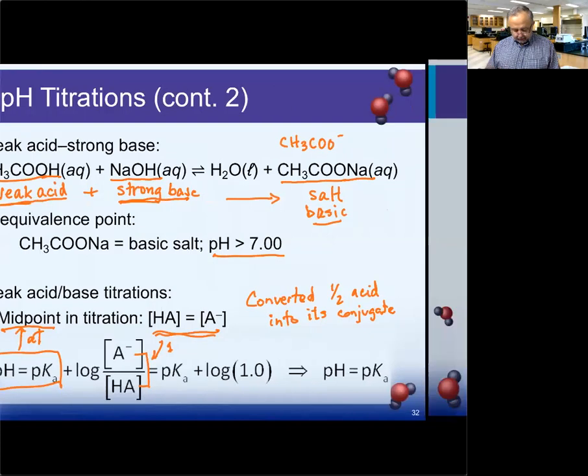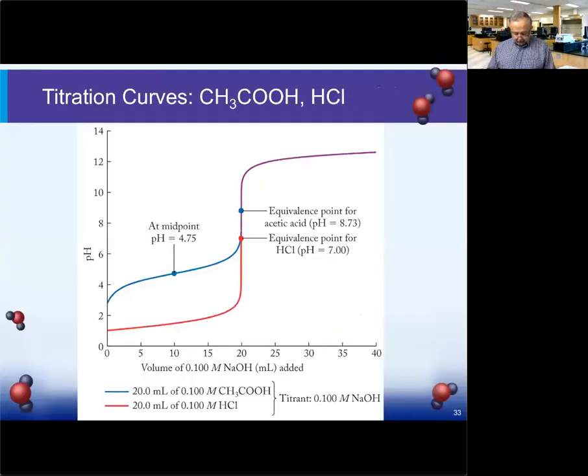Okay, so here we have the two titrations. One is a weak acid and the other one is a strong acid. Strong acid is the red one, so this is strong. And therefore the midpoint is not relevant because we are producing a neutral salt and there's no equilibrium.